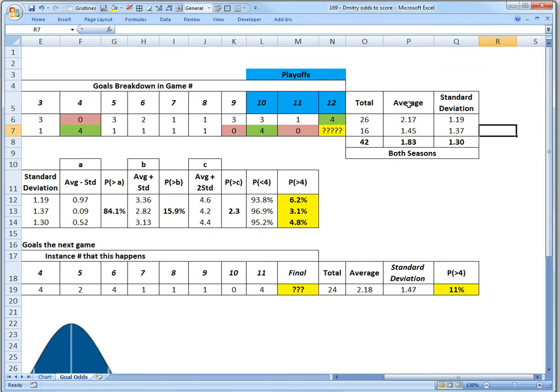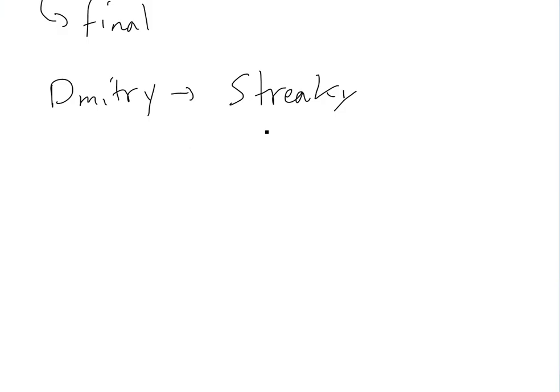But regardless, the average goals per game he had was this. So what I did was look at standard deviation here, and I'll show you this more in depth in another video. But let me quickly break down how the standard deviation probability model works. I just assumed it would follow it.